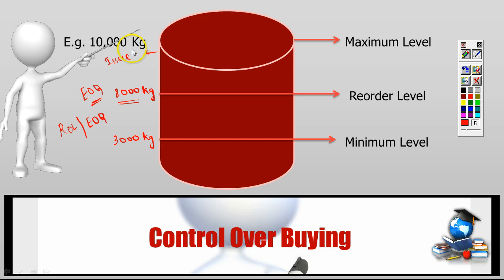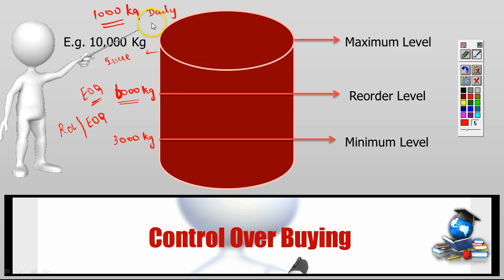Once you have started issuing, say you have purchased on Monday, every day you are issuing 1000 units, 1000 kilograms to production daily. Let us assume the reorder level is 6,000.